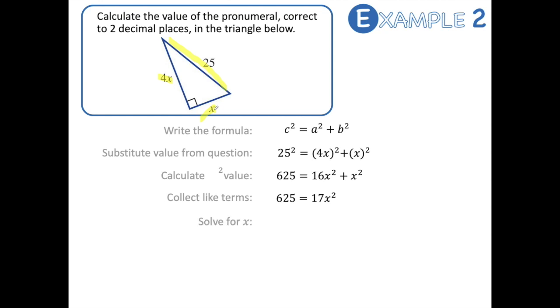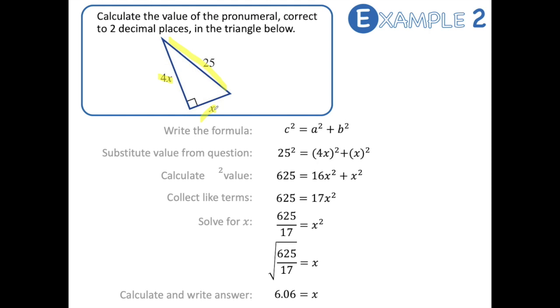First step I need to do is divide both sides by 17. So x squared is going to equal 625 divided by 17. So then I square root both sides to get x by itself. So x is going to equal the square root of 625 divided by 17, which is equal to 6.06. So x is equal to 6.06.